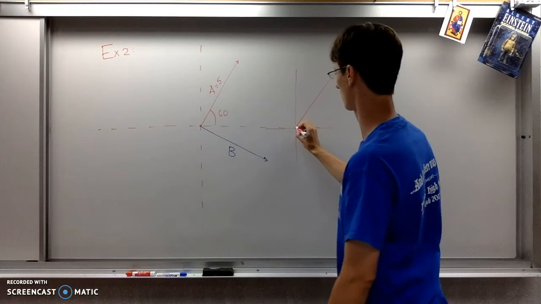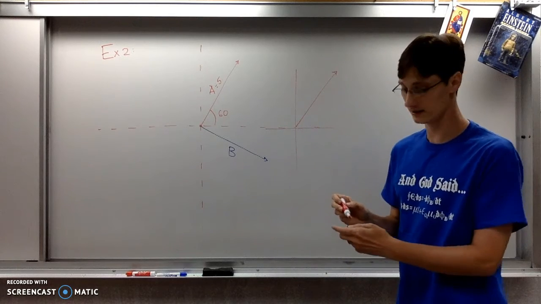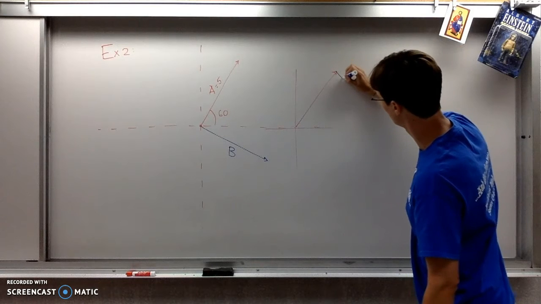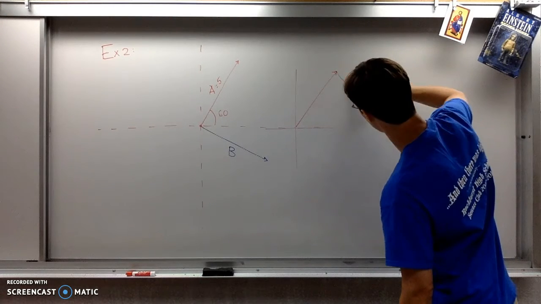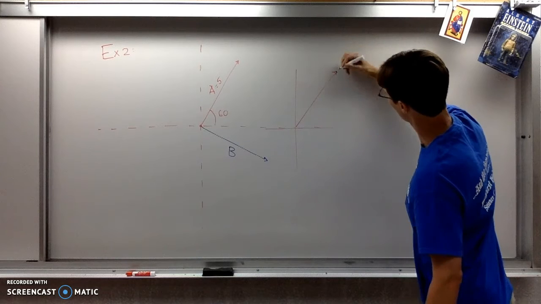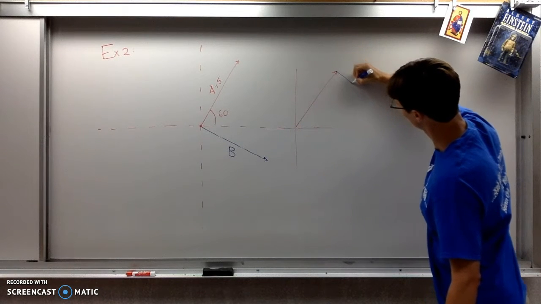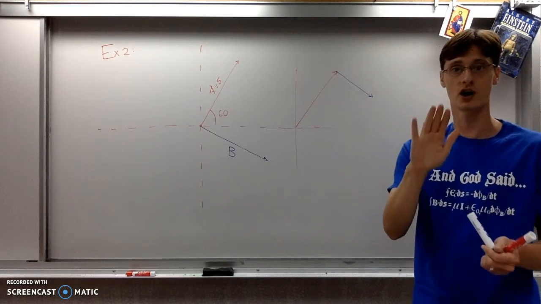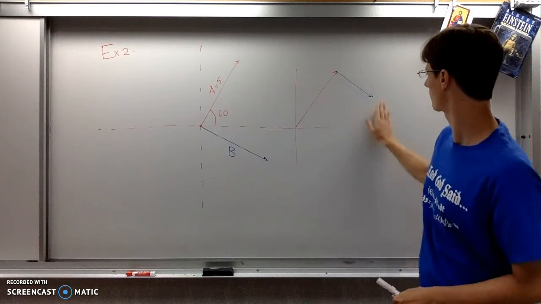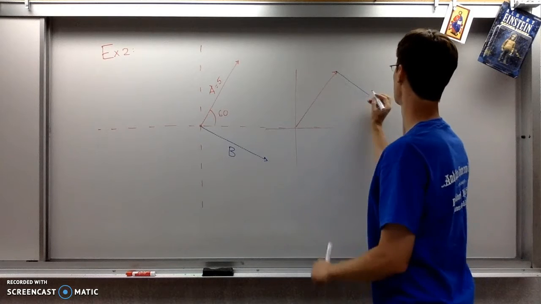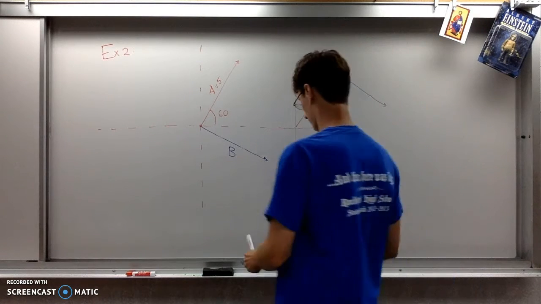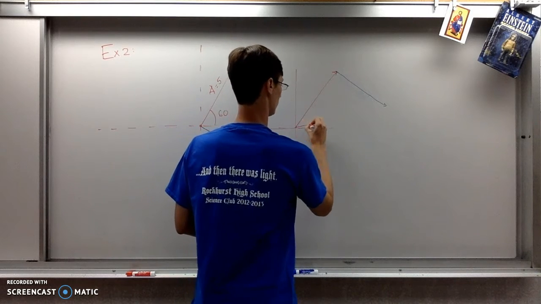Here's our origin, right? All right, and then we follow vector B. Oh, that's not right. Not quite, anyway. Okay, so then the sum of those two vectors is where we end up, which is right here.